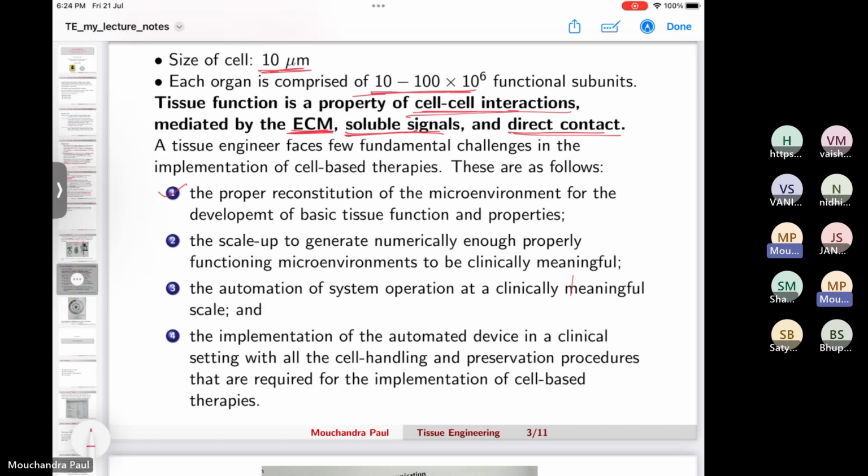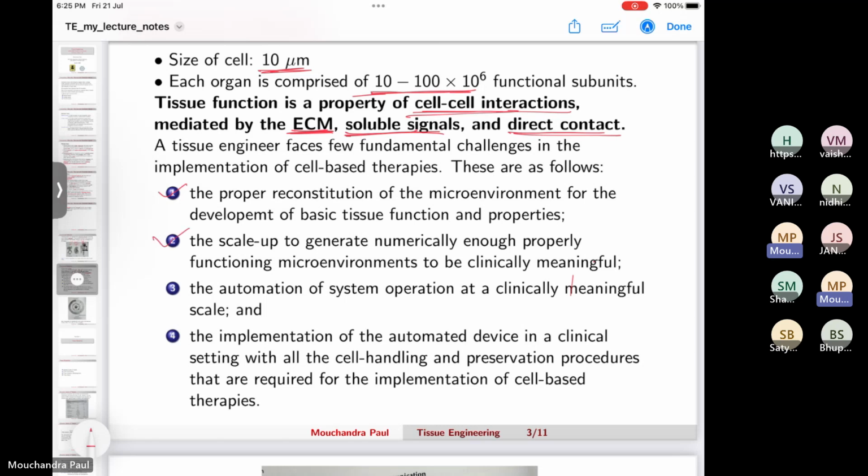This is a very complex task, to mimic or reconstruct the in vivo microenvironment of the cells on the in vitro platform, that is at lab scale, in such a way that all the functions that usually happen inside the body also happen on a petri dish. So it's a very complex job.